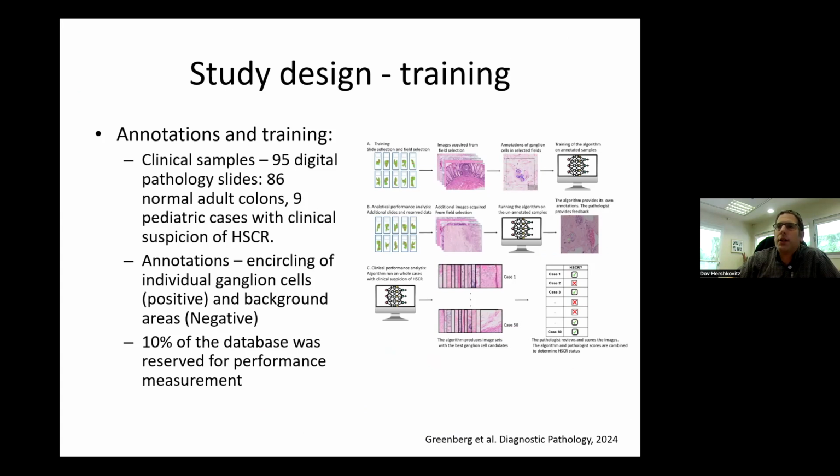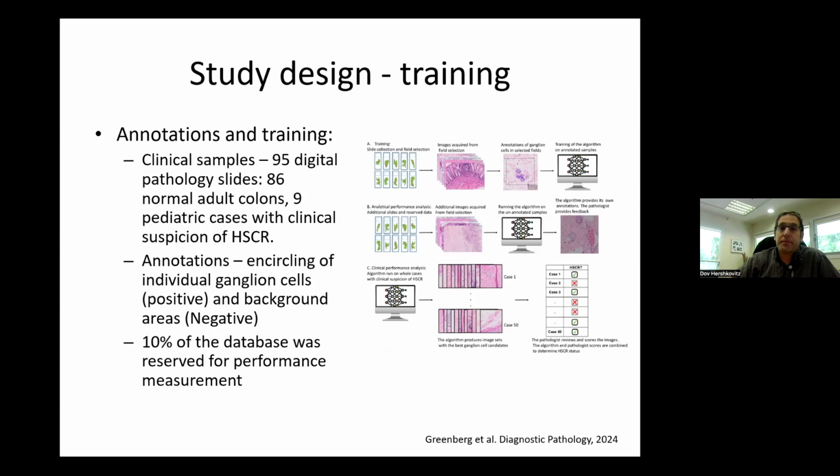The big challenge in Hirschsprung diagnosis, or in developing algorithms for diseases such as Hirschsprung disease, is that we have a very small amount of data. Usually when we are talking about algorithm development for image analysis, the algorithms are based on huge amounts of data. If we look specifically in pathology, the main algorithms that were developed are for prostate cancer and for breast cancer, so the most common diseases.